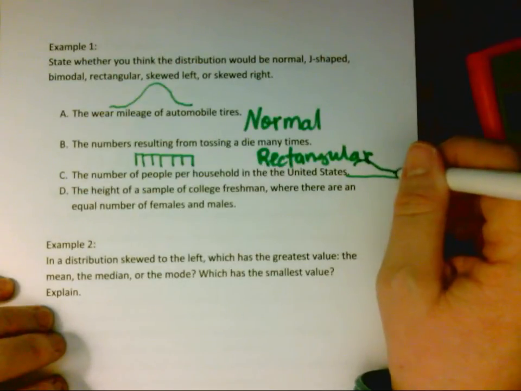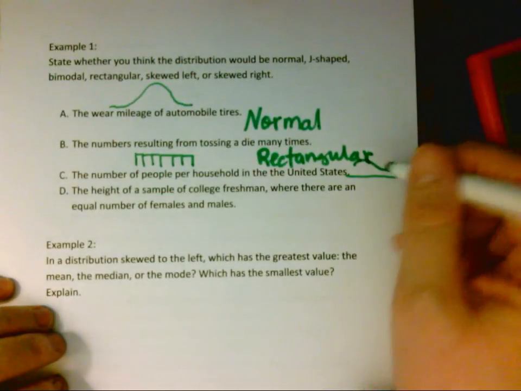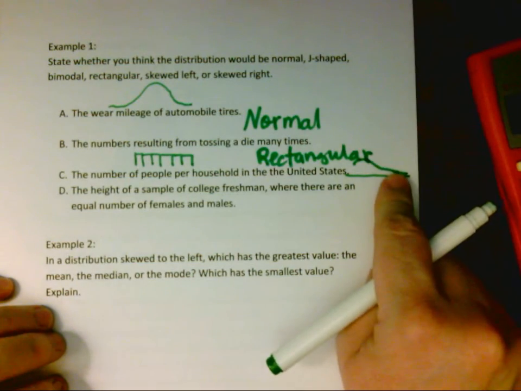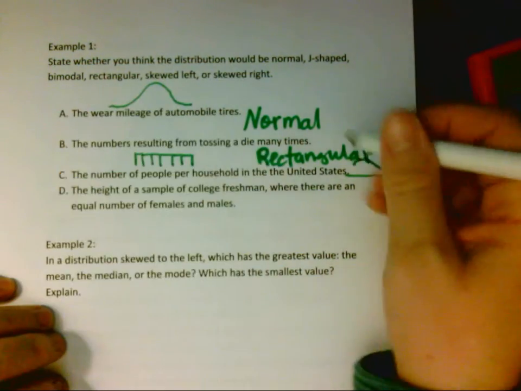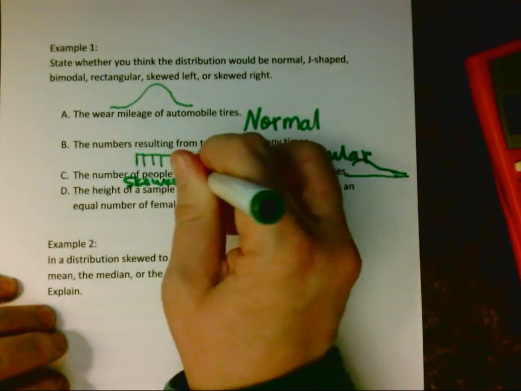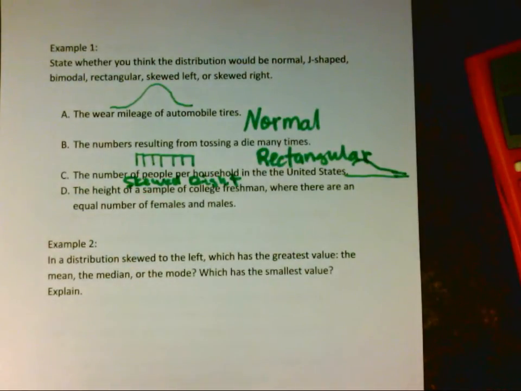We're less likely to have families with 23 people living in the same house, right? So it's going to go down as you get farther. It'll have a tail on the right, so we call this skewed right.